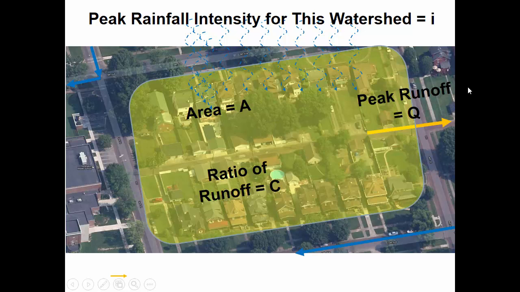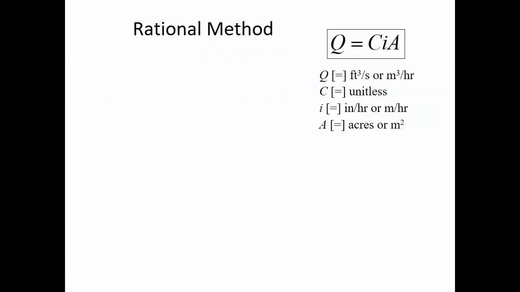And then we use these three variables to predict the peak runoff, the highest runoff that you'll see during a storm, Q. So here's the equation. Q equals C, the runoff coefficient, times I, the rainfall intensity, times A, the watershed contributing area.